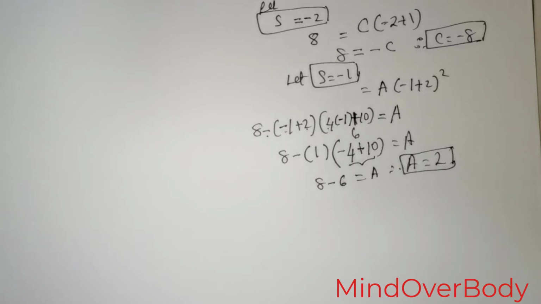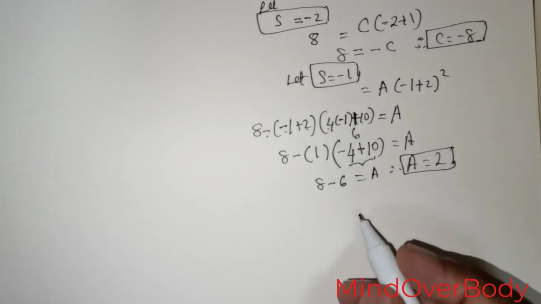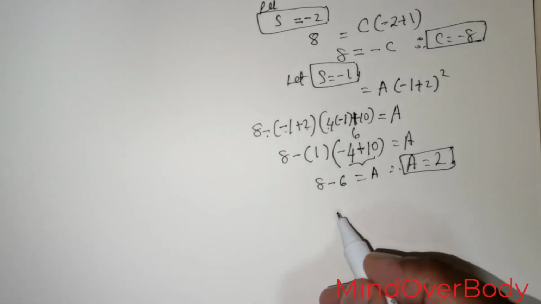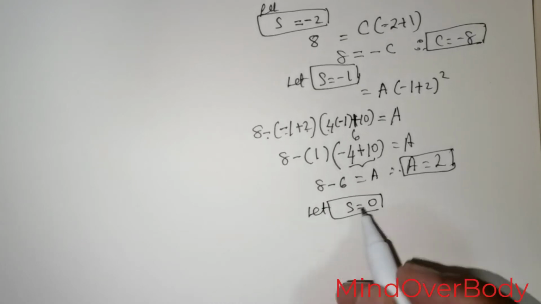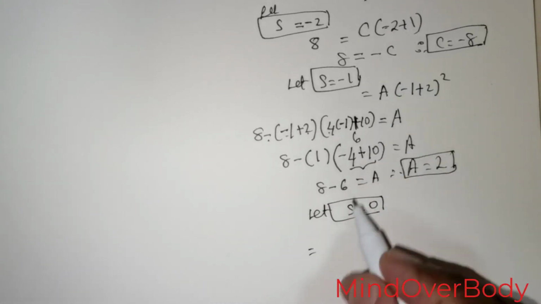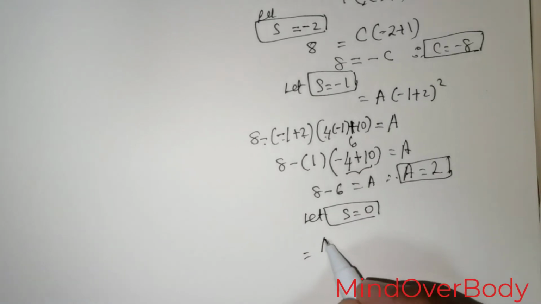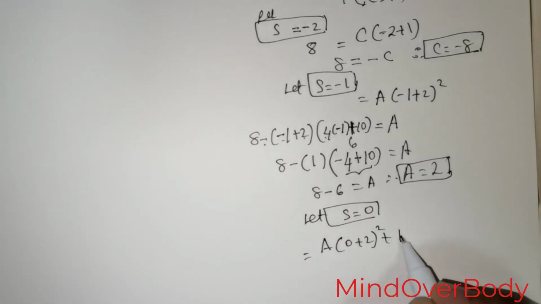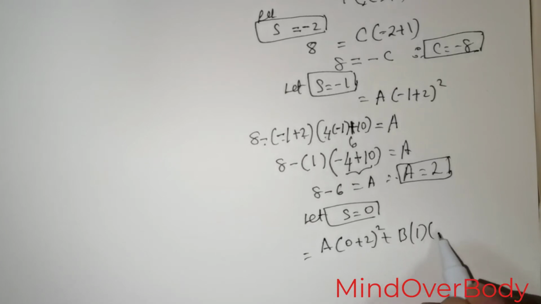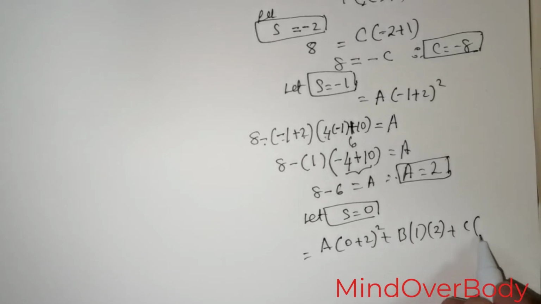Now next I will have to obtain the value for b. So let's do that. To get the value for b, you can simply substitute s equal to 0. Let s be equal to 0. So let me write that down: 0 plus 2 squared plus b times (1 plus 2) plus c times 1.